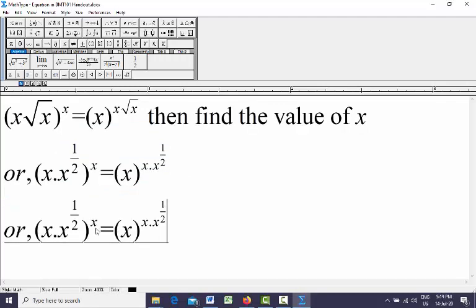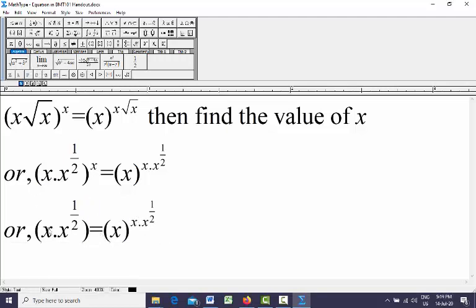Now as you can see, this power x is over all the materials inside the bracket. So we can distribute this power to all the materials inside the bracket.